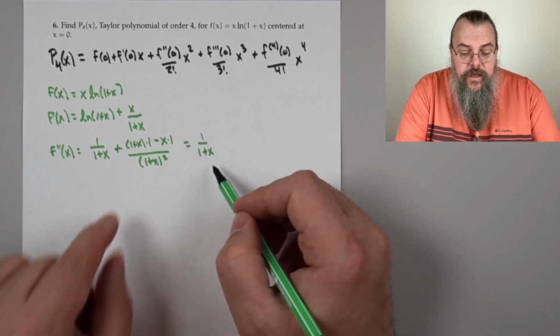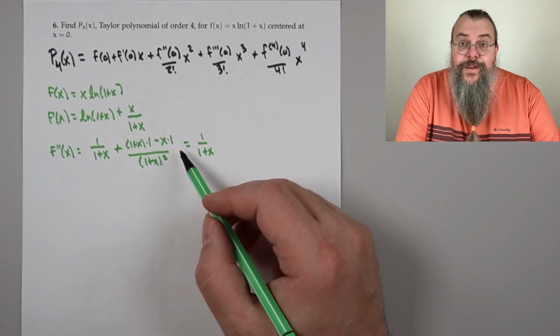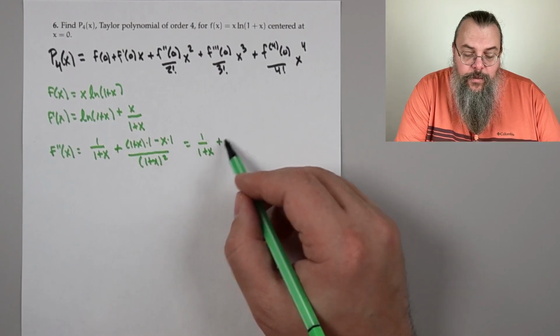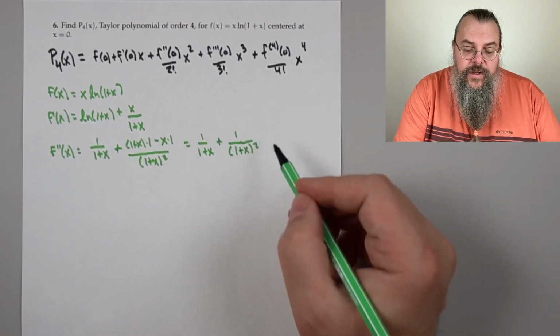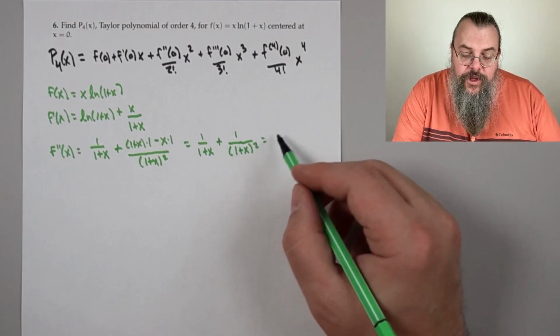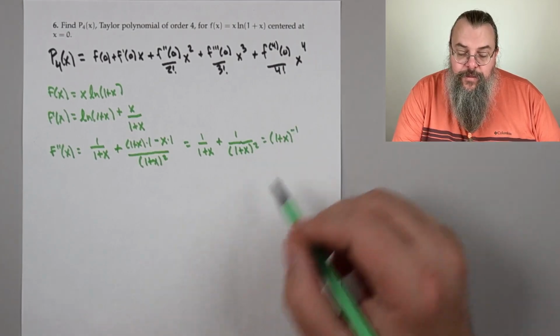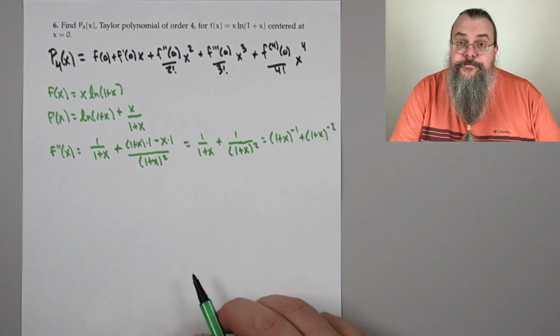What we'll see is the plus x and the minus x cancel. So that's going to make it a 1 over 1 plus x squared. And now that's pretty good. Let's do one more thing. Let's make it calculus friendly. 1 plus x to the minus 1, 1 plus x to the minus 2.